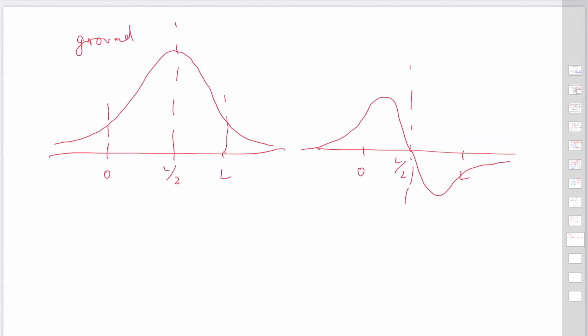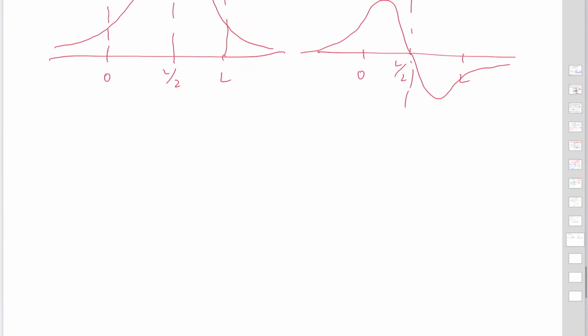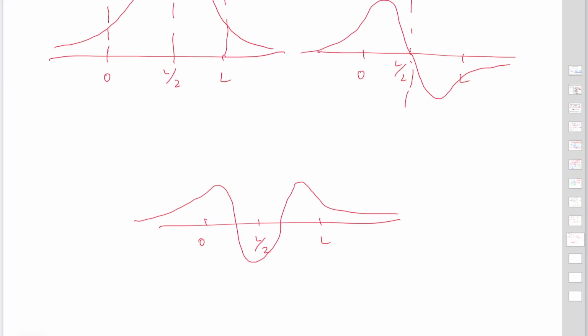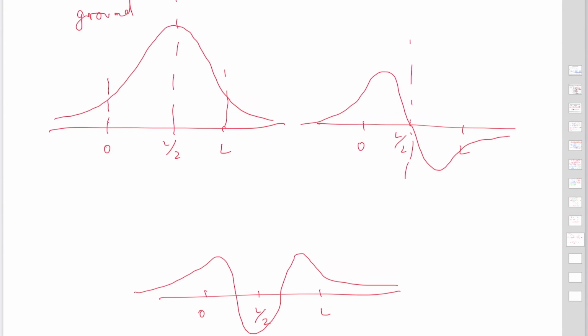And the last one, over 0 to L, with x equals L over 2. This is the highest energy bound state. So we have these three states, 1, 2, 3.